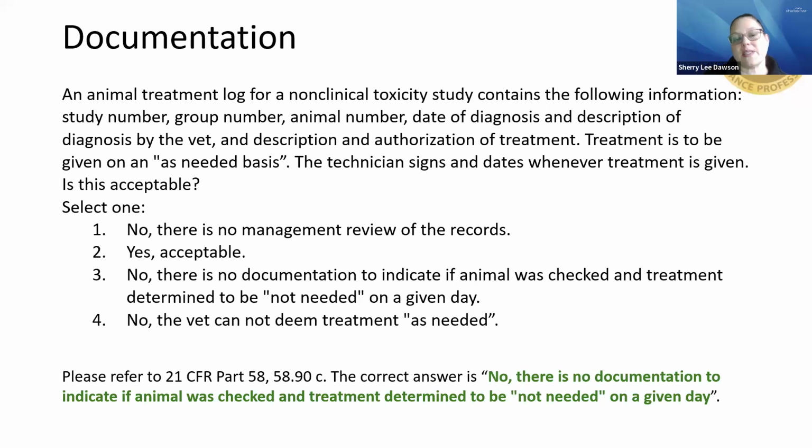That is the bigger gap, not so much the allowance of vet treatment, because under 5890C everything is there. Without documenting the days confirmed not needed, you have a gap, because you don't know if something was done and forgot to be documented, or it simply wasn't given but not documented as verified that it shouldn't have been.